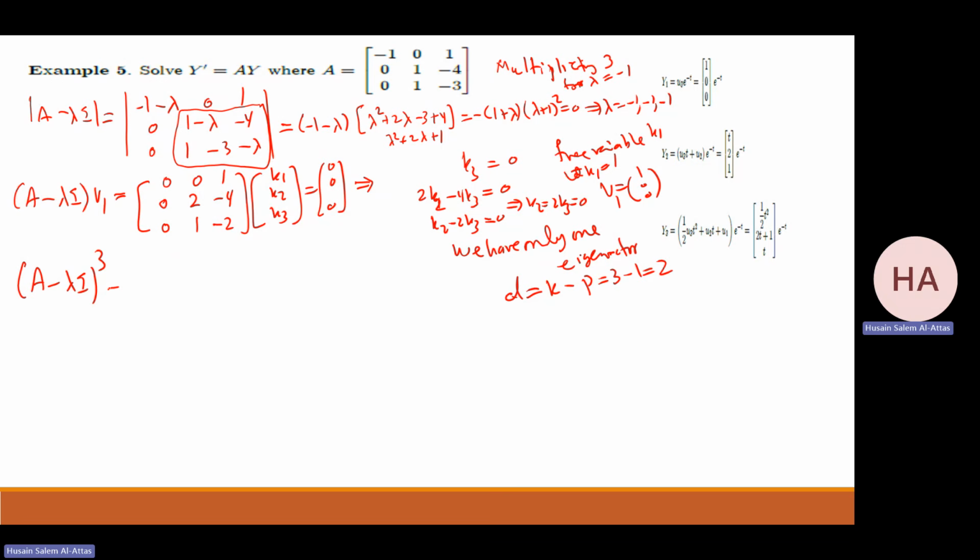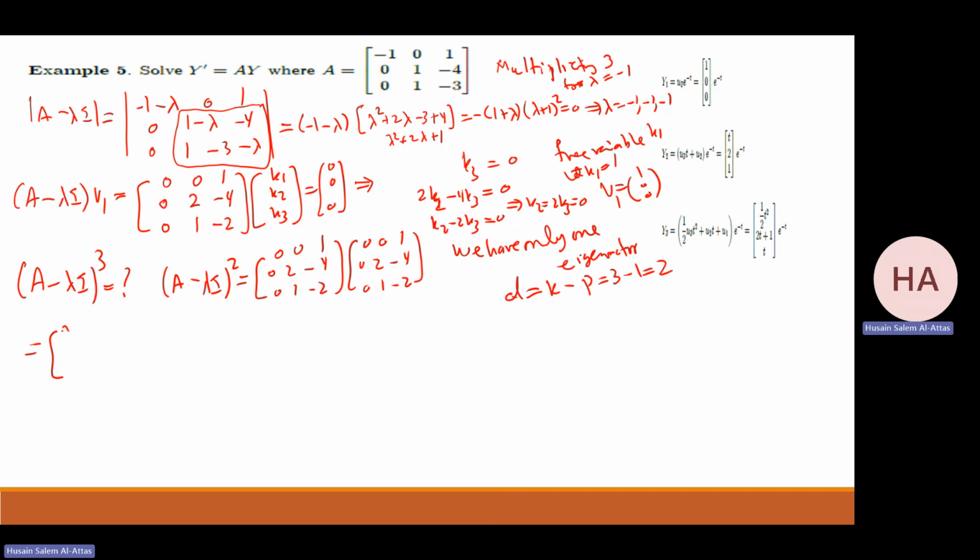See what will happen. This is equal to what? So we'll do A minus lambda I squared first. So multiply this matrix, 0, 0, 1; 0, 2, minus 4; 0, 1, minus 2, by itself. See what I'm getting.